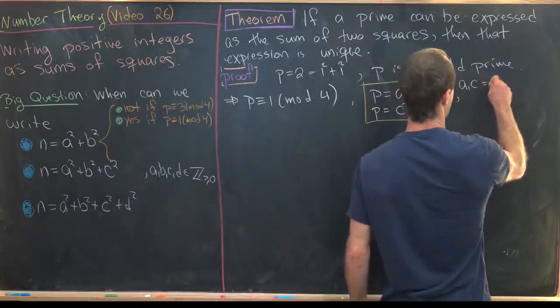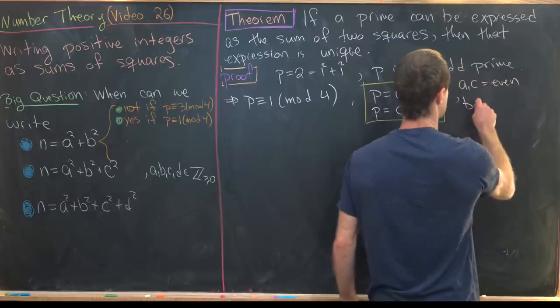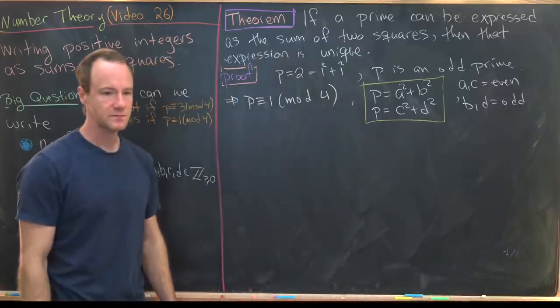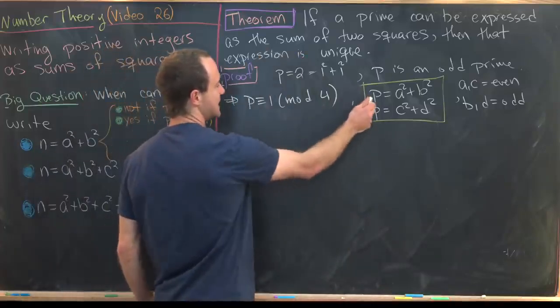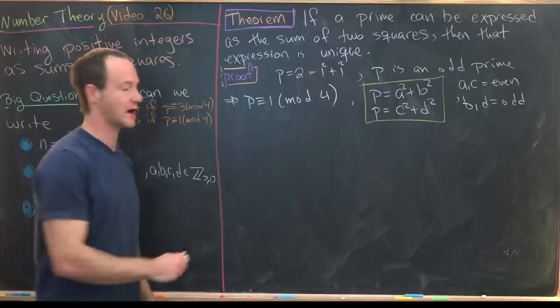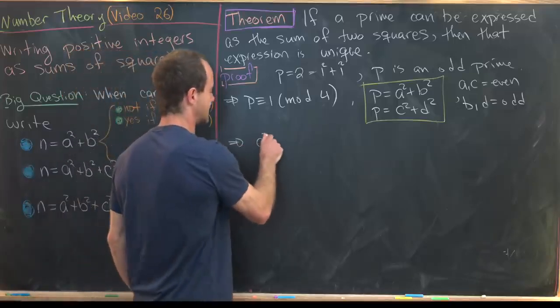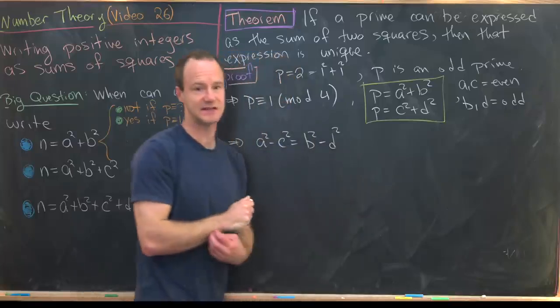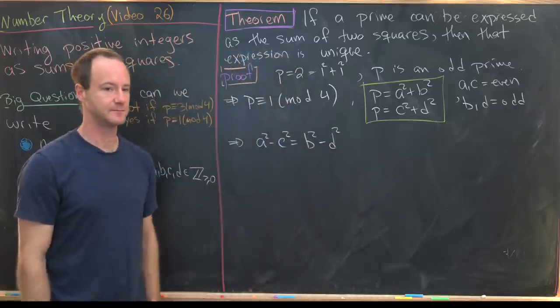So a and c are even, b and d are odd numbers. But now taking p equals p and moving things around, we see that a squared minus c squared is equal to b squared minus d squared, like that.